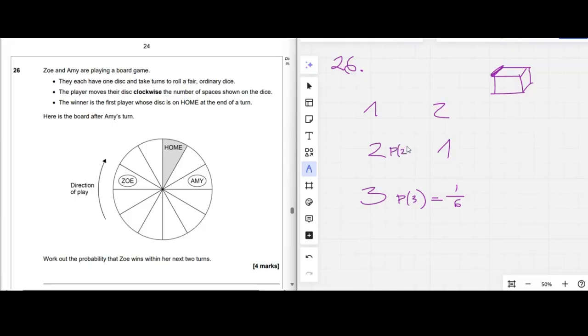Probability of 2 is again 1/6 and then times probability of 1, which is 1/6 as well. So the total probability is 1/36 because we need to multiply. Same at the top is 1/36.